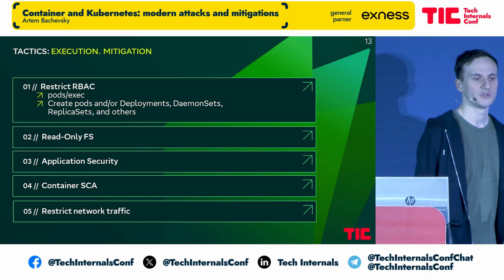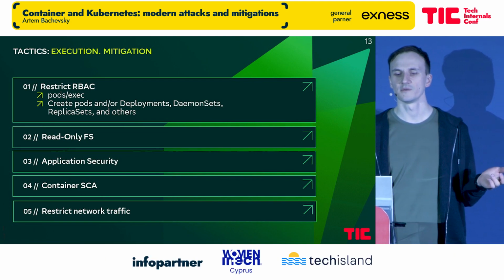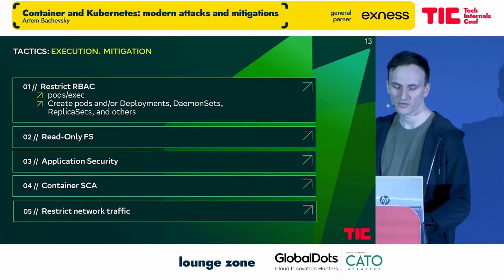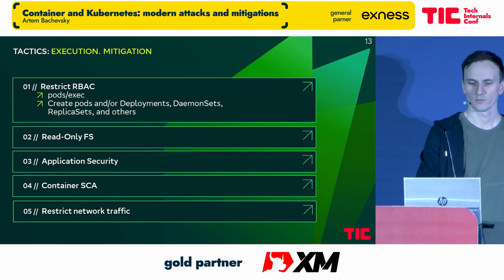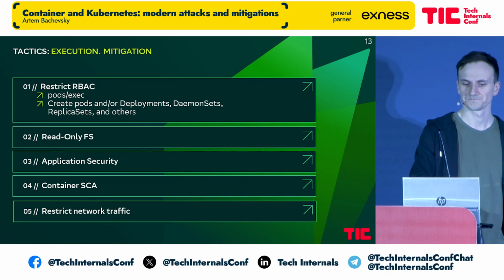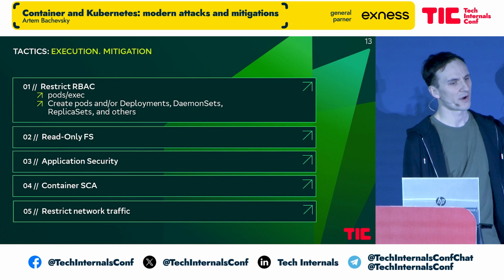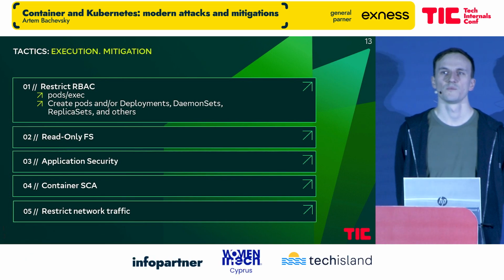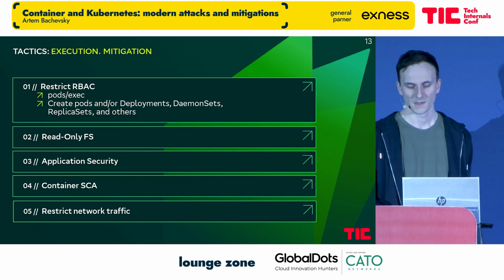I don't know why you need to allow pod exec to somebody in your infrastructure, so deny it. And also think carefully about who can create pods, deployments, daemon sets, etc. in your infrastructure. Then use a read-only root file system here. I mean, not allowing writes to directories or modification of files in your base image.